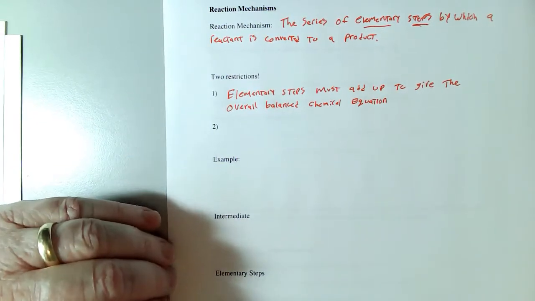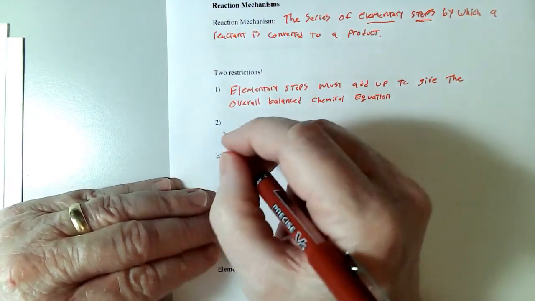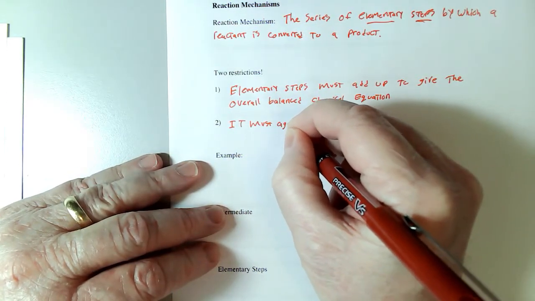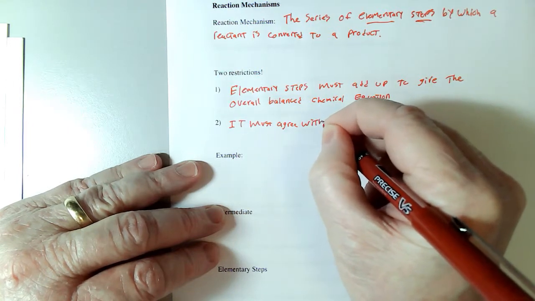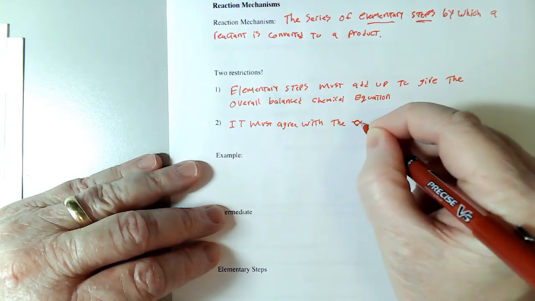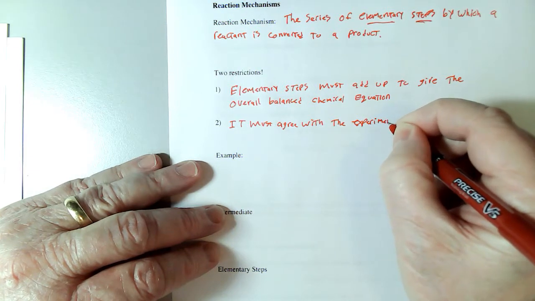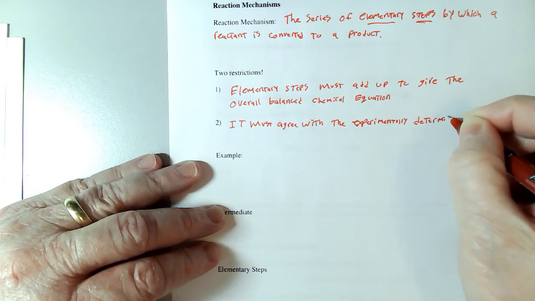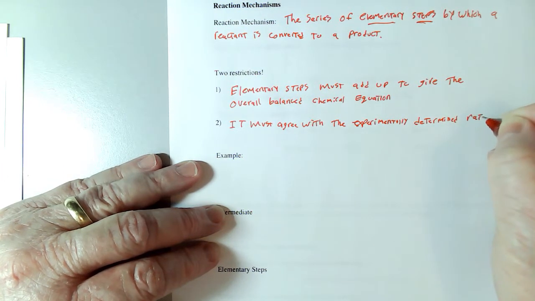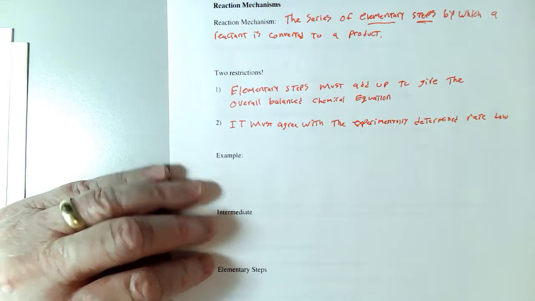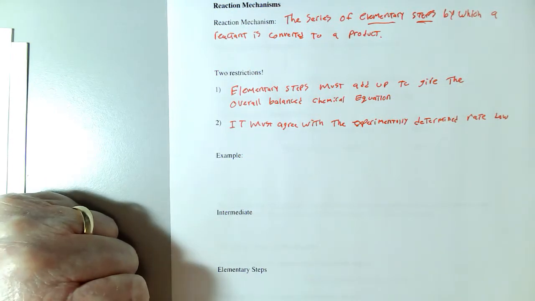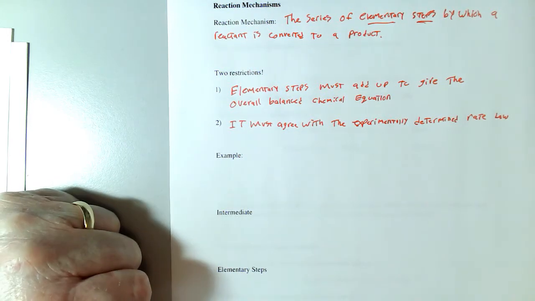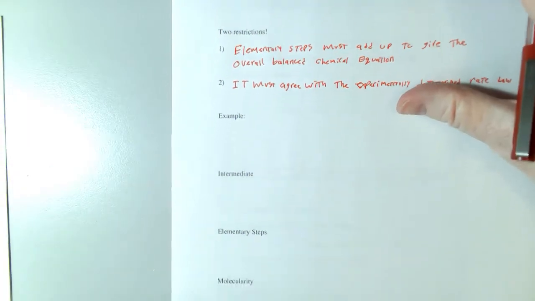That's the first restriction. The second restriction is it must agree with the experimentally determined rate law. If either of those are not met, the reaction mechanism that is being proposed, it's just not going to be correct. All right? It's not reasonable.